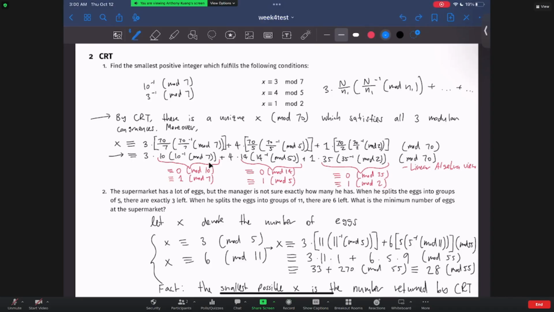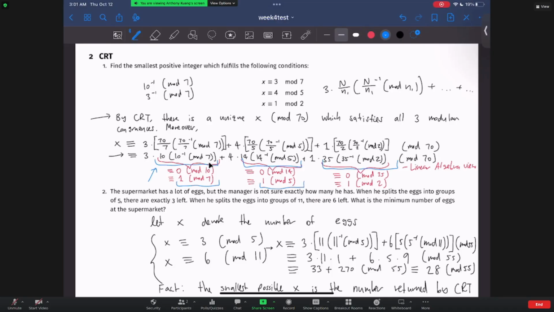A very good way to view the Chinese remainder theorem is from a linear algebra standpoint. In linear algebra, we have the concept of basis vectors. And in this case, the basis vectors are these three individual numbers. This first number controls to what degree a number is mod 7.